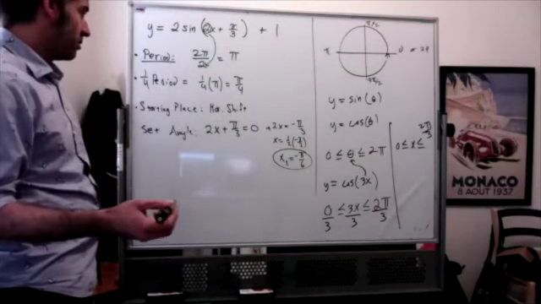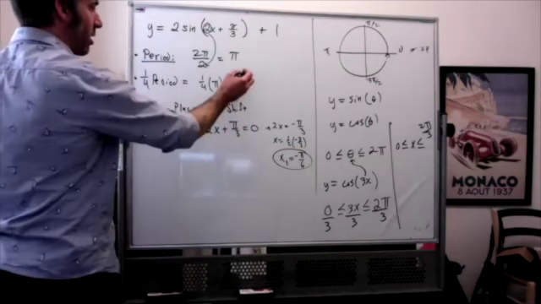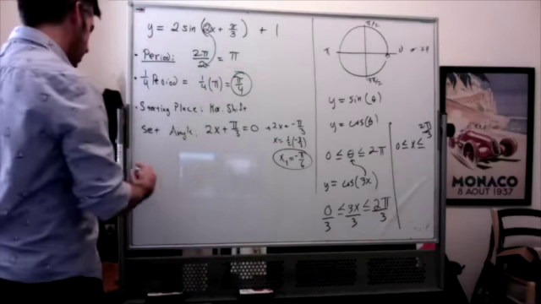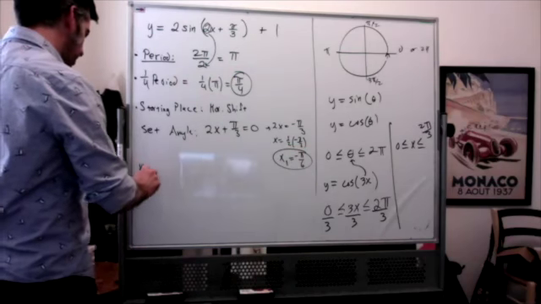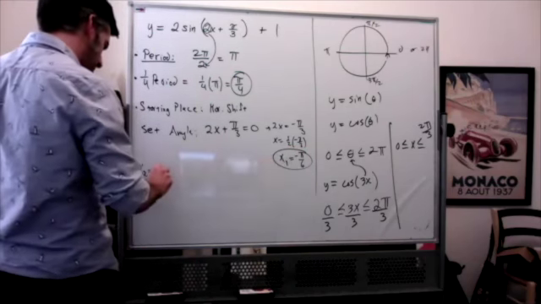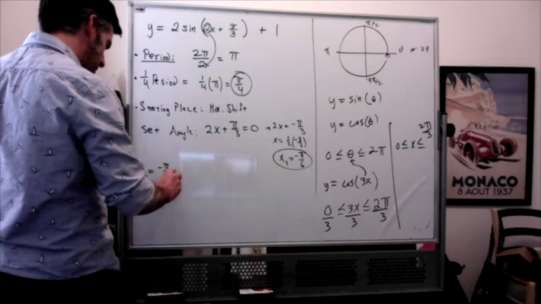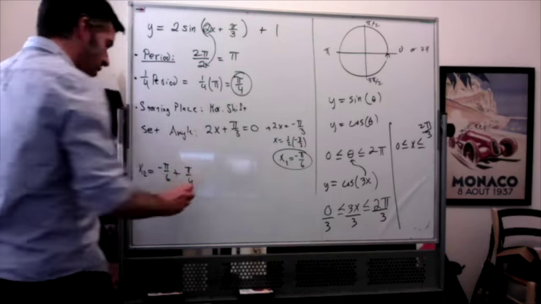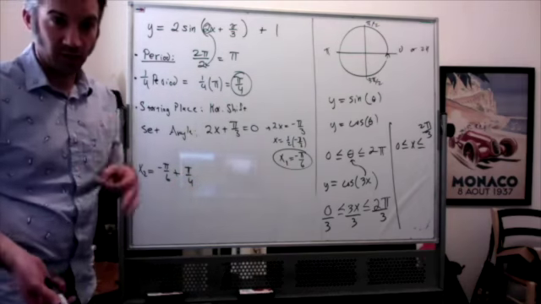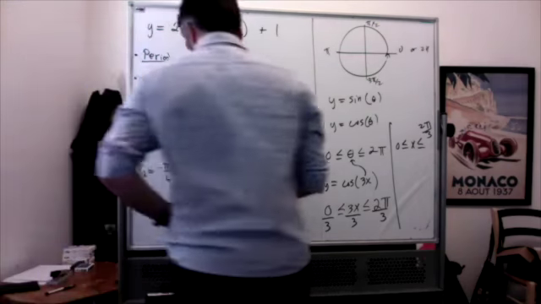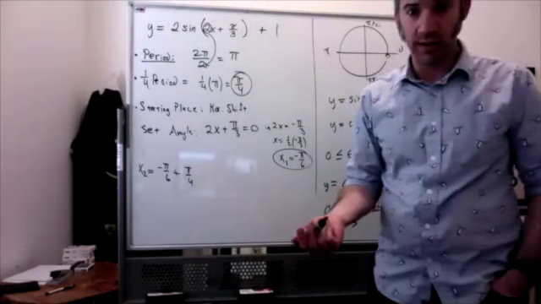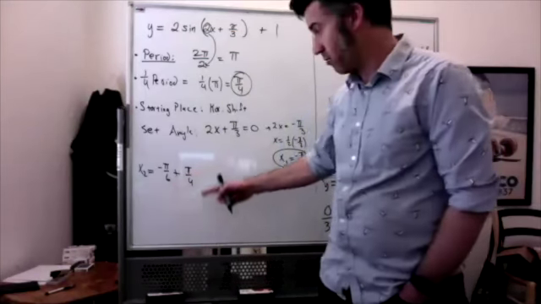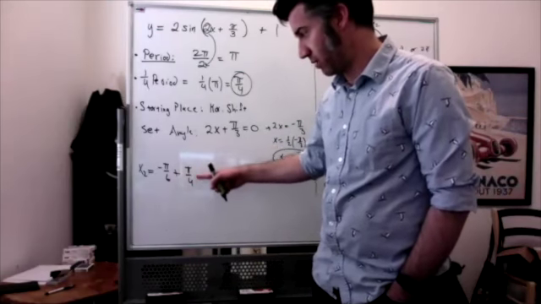Okay, to find the rest of them, we're going to add on a quarter of the period 4 times. So x2 is going to be the previous spot, negative pi over 6, plus 1/4 of my period, which is pi over 4. You will have to get the common denominator most of the time here. Typically, the least common denominator is what you want, which is going to be, let's see, the least common multiple of 6 and 4 is 12. Multiply this by 2 over 2, this by 3 over 3.